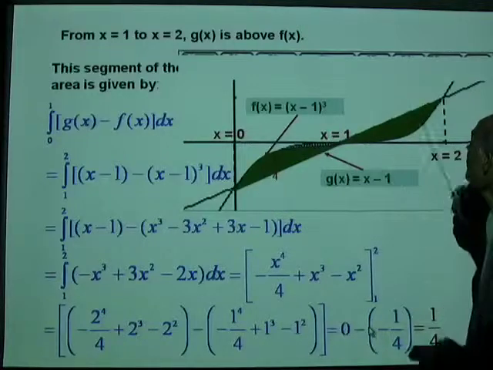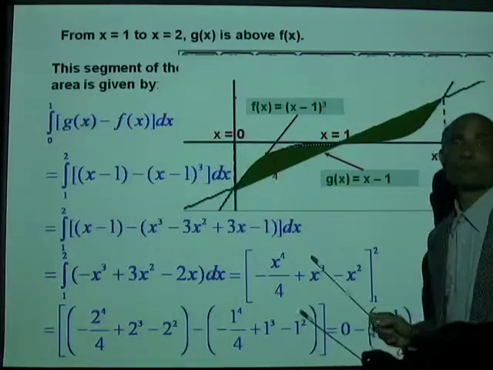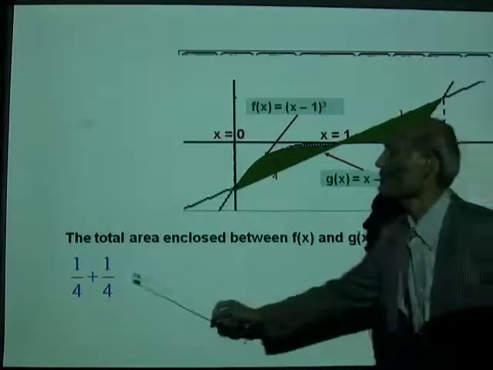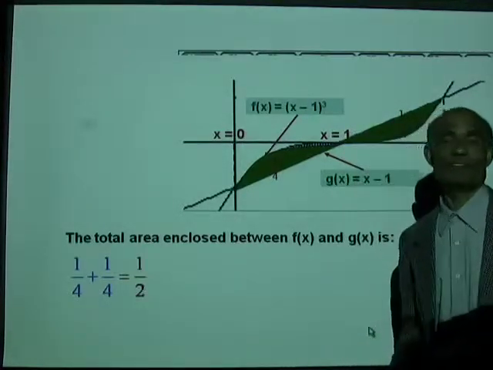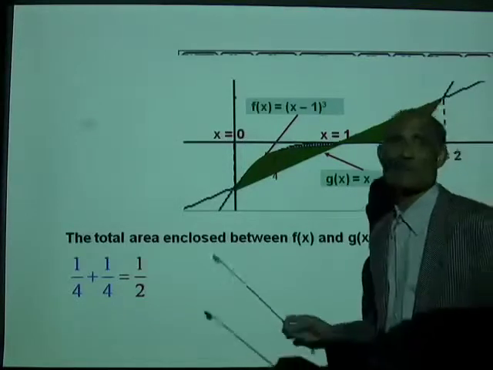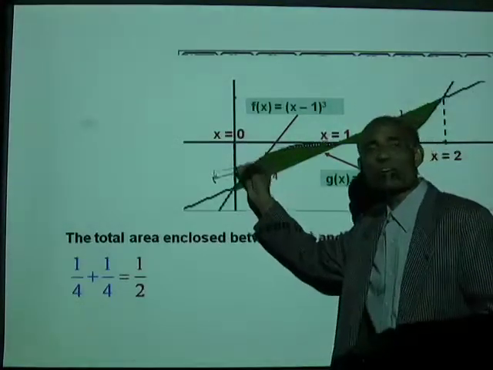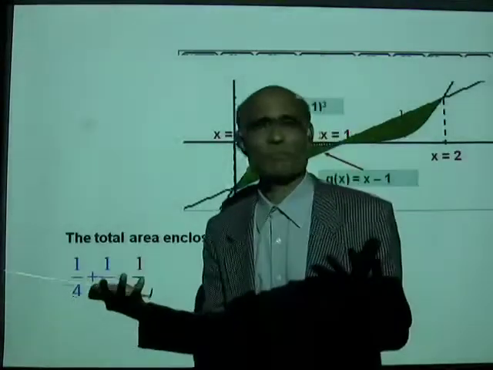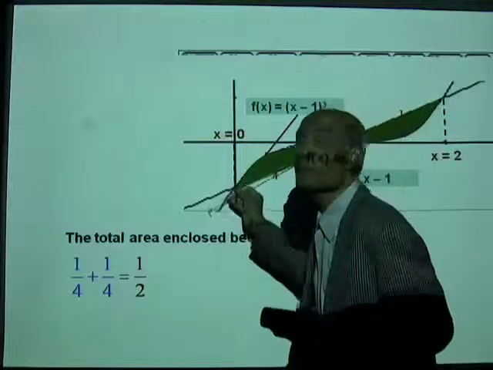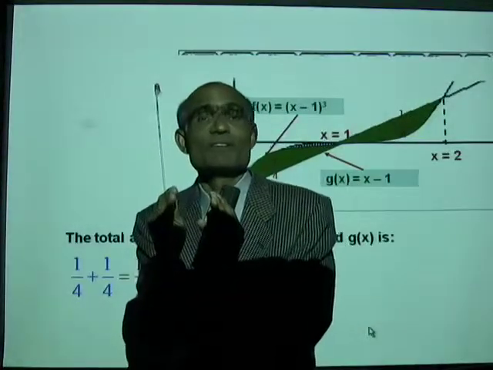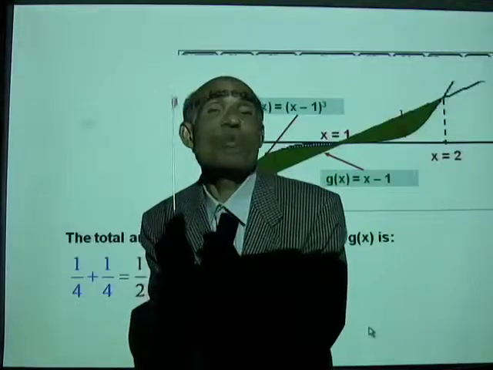So what is the total area? The total area is 1/4 plus 1/4 equal to 1/2. Now I know at least one of you will ask me, but isn't this area below the x-axis and shouldn't that be negative? Now when you measure the area enclosed by two graphs, there is no negative quantity there.